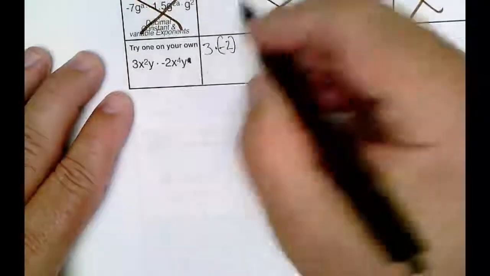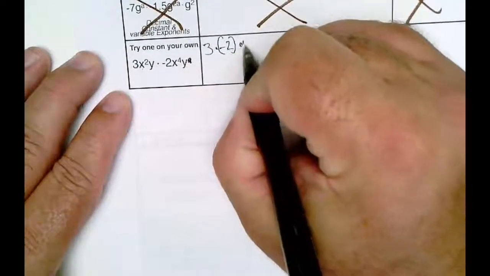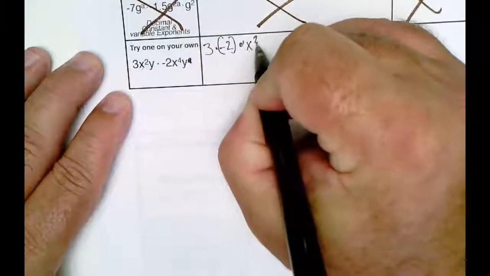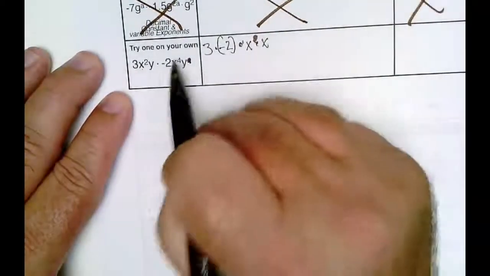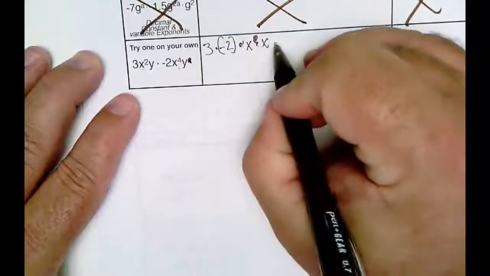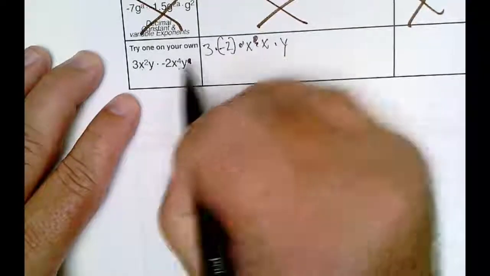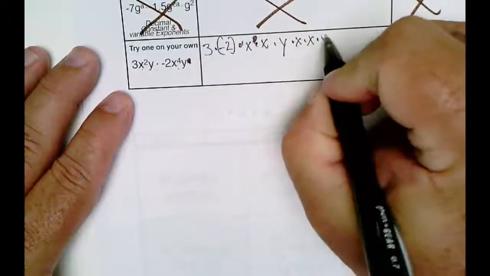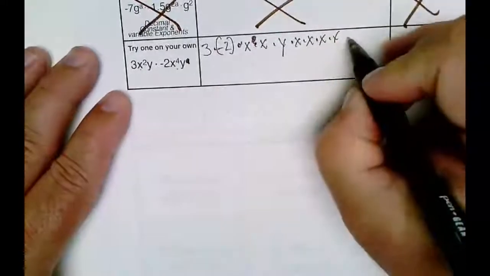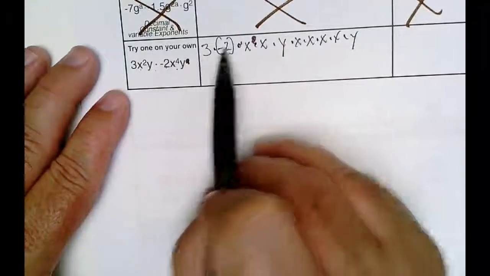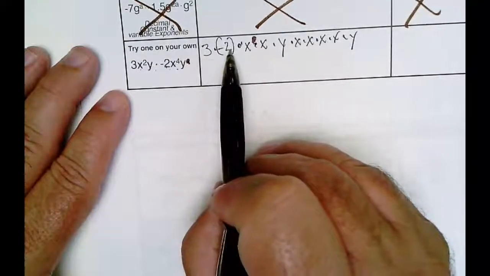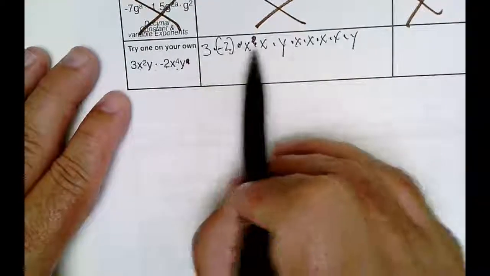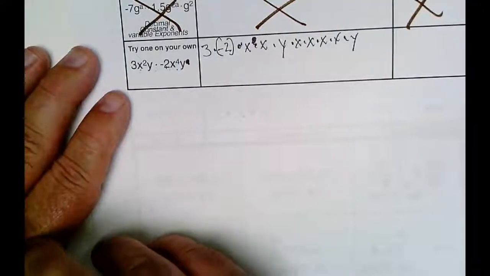Okay, x squared, that's x times x, times y times x to the 4th, 1, 2, 3, 4, times y. Now, the negative sign here stays with the number, with the constant. Okay, it does not go with the variables.